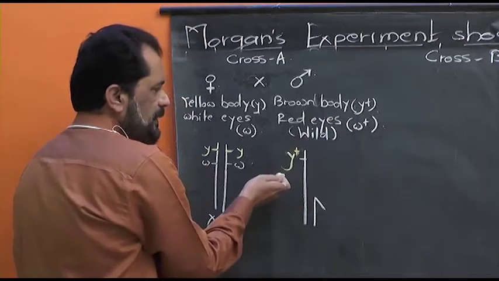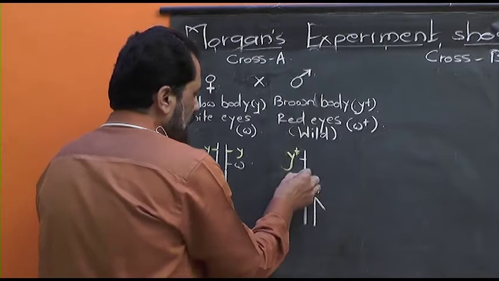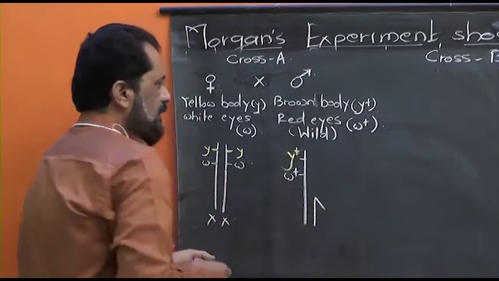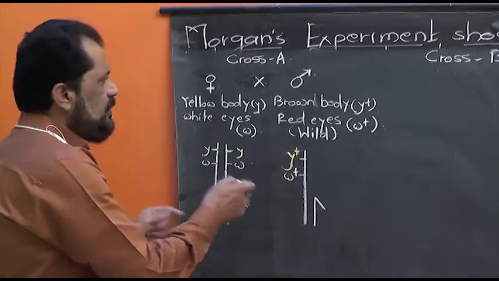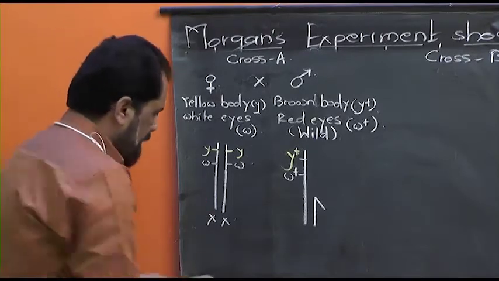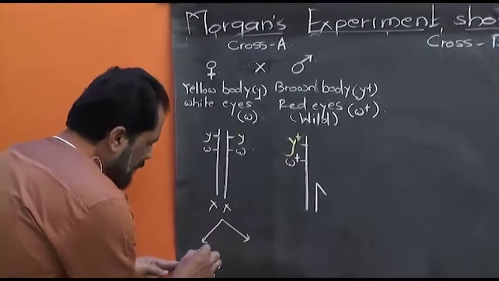Y plus, it represents the brown body color, and second W plus representing the red eye color. Now when these two parents crossed, initially as usual gamete formation.